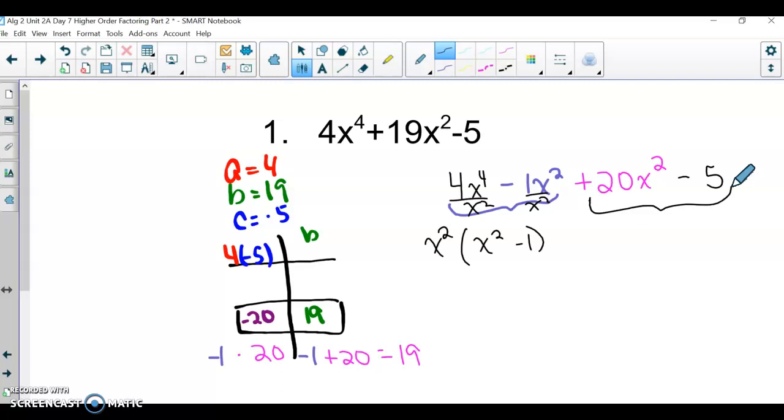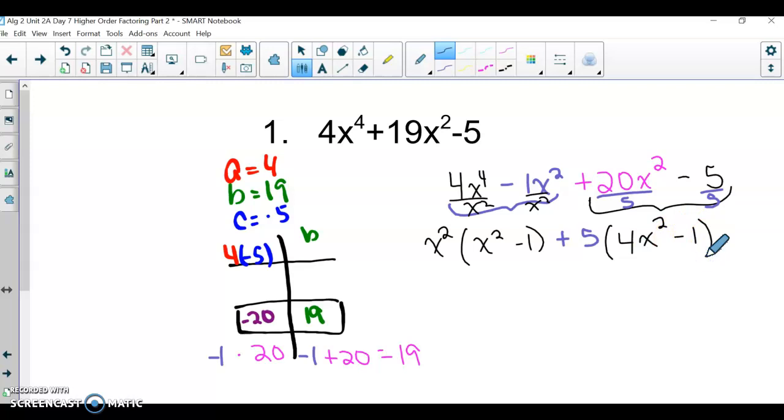The greatest common factor is 5. So we divide both of them by 5. And then we're left in parentheses 4x squared divided by 5 is 1.